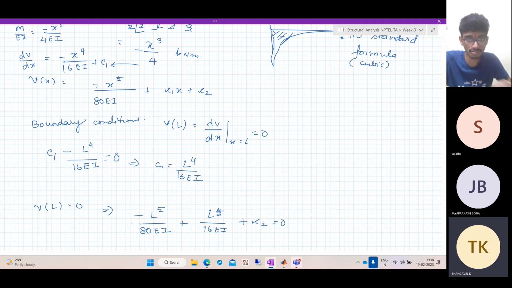So this is nothing but 5 by 80 and this is 1 by 80, so we get 4 by 80. So we get C2 as minus 4 L power 5 by 80, which is minus L power 5 by 20 EI.